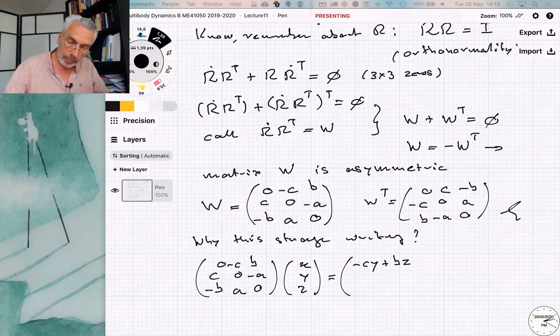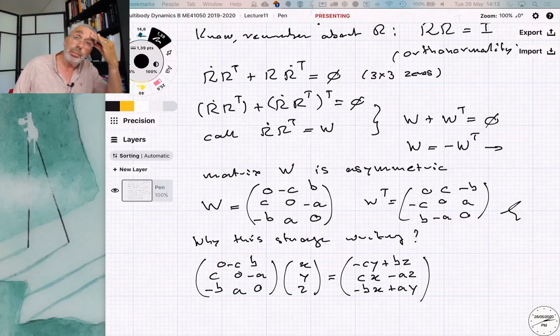That's the first. The second is c times x minus a times z. And the last one is minus bx plus a times y.